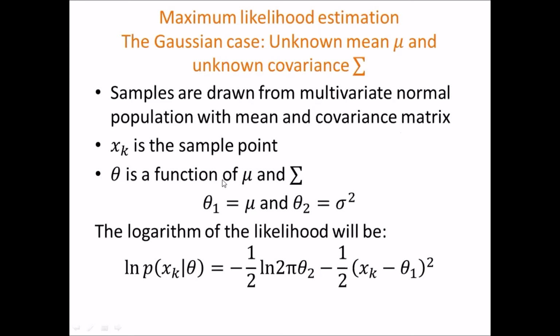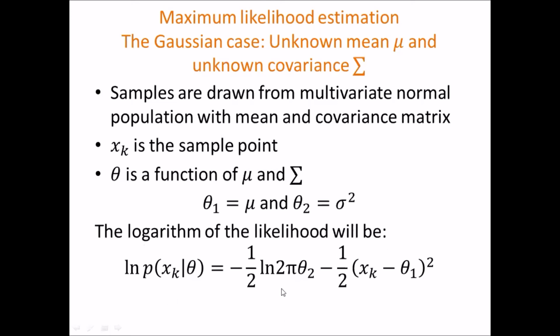Theta is the function of the mean and the covariance. Different from the previous case, here we now have two parameters. Theta 1 is equal to the mean, and theta 2 is the covariance. The logarithm of the likelihood will be expressed as written over here.